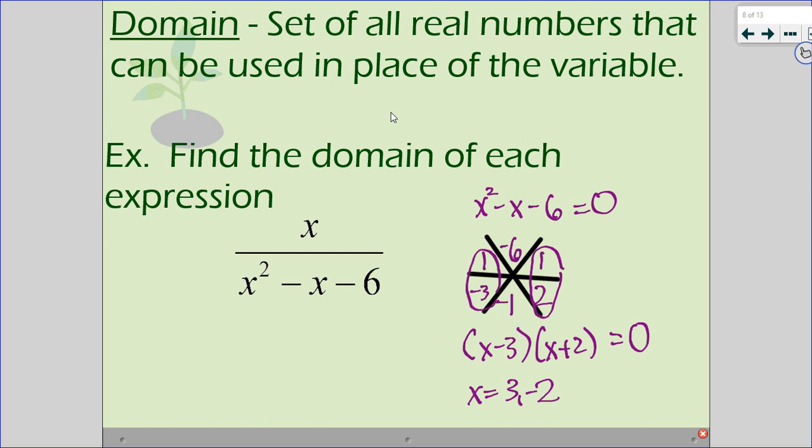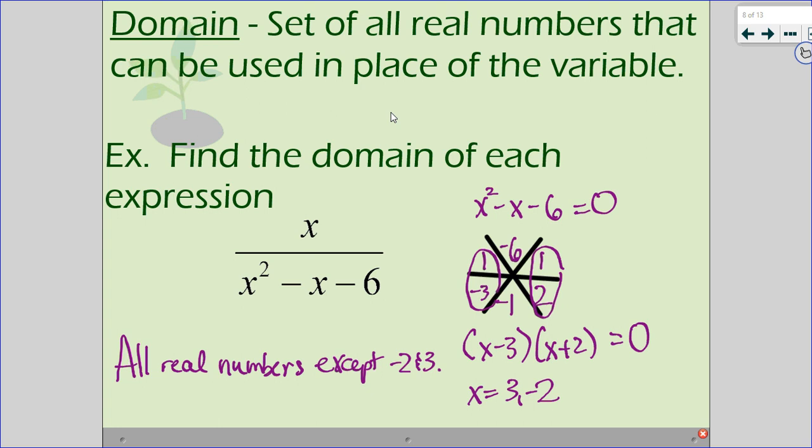So the domain, this is how you state it. You state all real numbers except -2 and 3. That is how you state your answer.